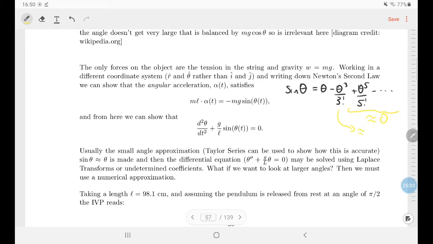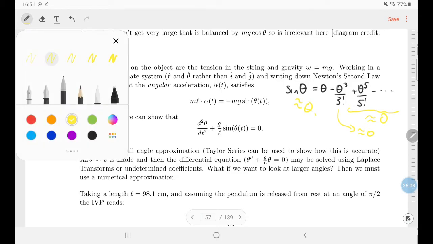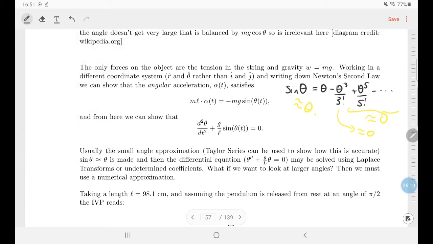So what you get is, in fact, that sine theta is approximately theta. And usually that's how the pendulum is treated, if you keep theta less than 10 degrees, or maybe less than 5 degrees, something we looked at before. Then you approximate the differential equation and you can solve that exactly using Laplace transforms or whatever. But what if you want to look at larger angles?